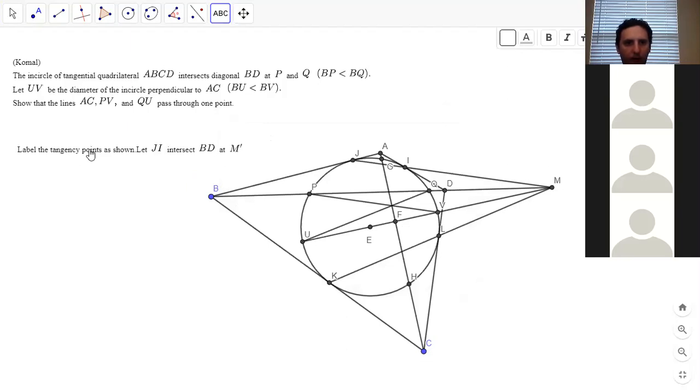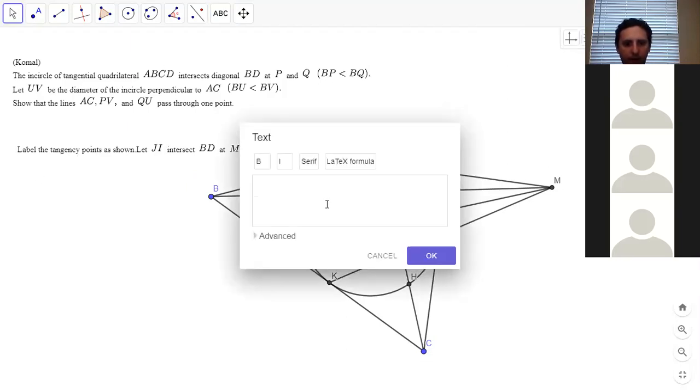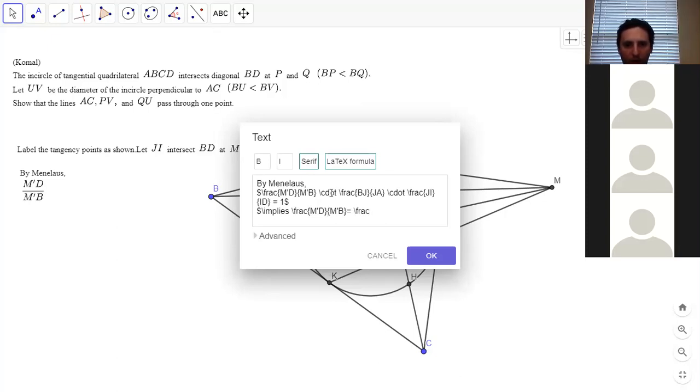Then by Menelaus, M prime D over M prime B, and then BJ over JA and AI over IB, is equal to ID over BJ.